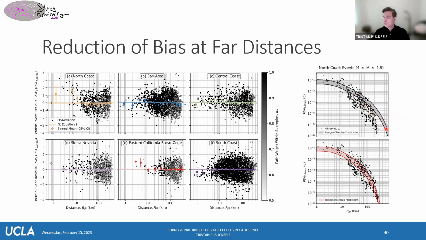You can see we have gross overprediction at intermediate to far distances, whereas the proposed model does a good job of capturing the average between these observations and a really good fit at far distances also. So this is a more classical illustration of how the path effect model captures the data in a space that isn't contaminated by other properties of the ground motion model that you choose to use.